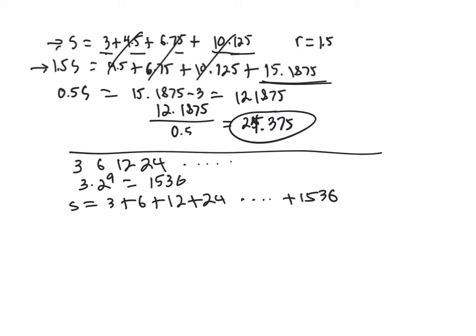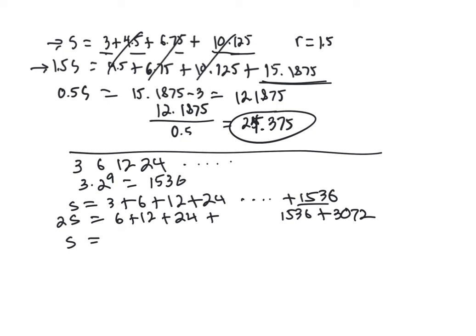Well, our common ratio is 2, so we're going to multiply by 2 to get 2s is equal to now 6 plus 12 plus 24, plus we're going to get another 1536, but then we're also going to get double the 1536, which will be 3072. So when we subtract, on the left side, we're just going to get 2s minus s.